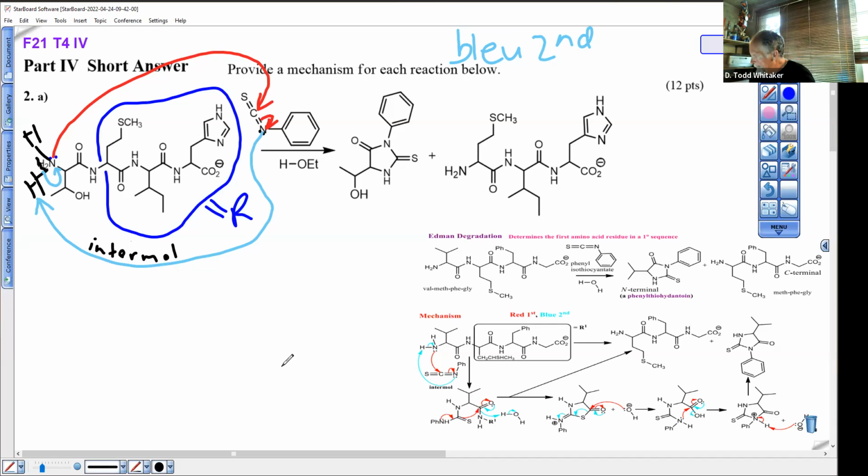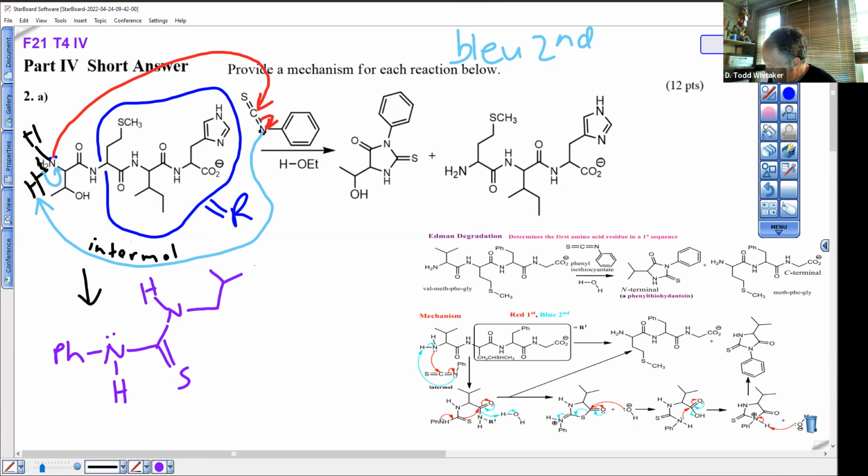So what do we got? We got a black arrow saying we made this thing. We got a nice purple molecule. Got a phenyl with an N and a lone pair and an H. And it comes to a C double bond to S. And it has an N with an H. And it goes to a C that has an OH and a methyl on the same carbon.